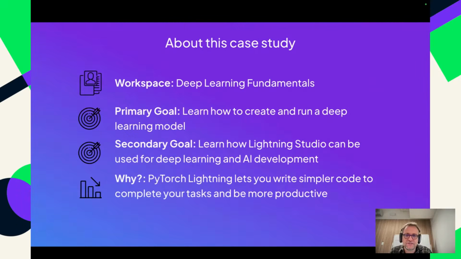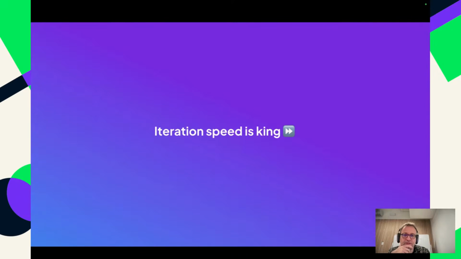So many companies are doing this, and in the case study we'll, as we mentioned, create and run a deep learning model. One thing you need to understand if you're getting into AI today, and one thing you for sure know if you're in AI already, is that iteration speed is really important.